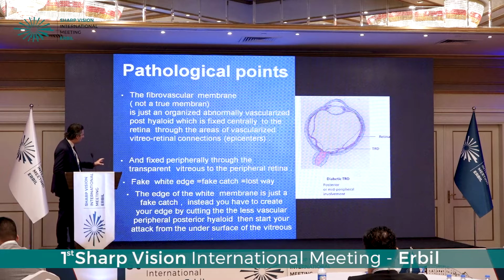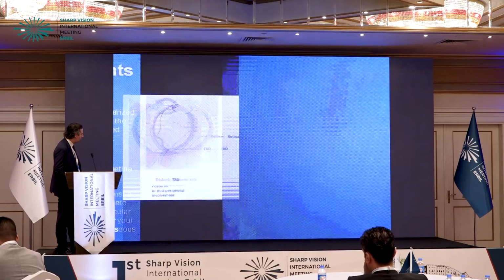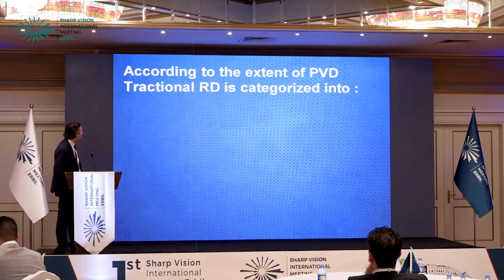If you try to catch the white edge of the membrane itself, it will be highly vascular, and you will find difficulty getting under the membrane. It is better to go in the peripheral vitreous and make a posterior hyaloidotomy. Then you can continue your battle under the membrane.